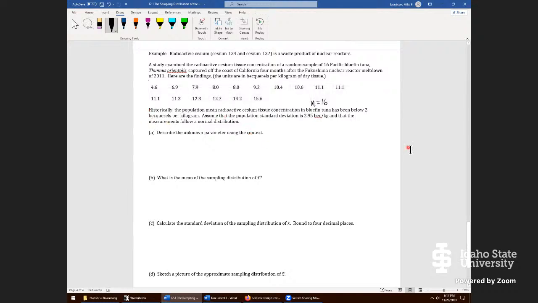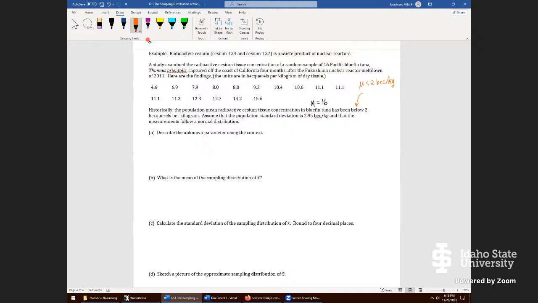They tell us next, historically, the population mean radioactive cesium tissue concentration has been below 2. That's not something we necessarily need to record, so let's use this pen. They're saying mu less than 2 becquerels per kilogram was the historical value of these fish.